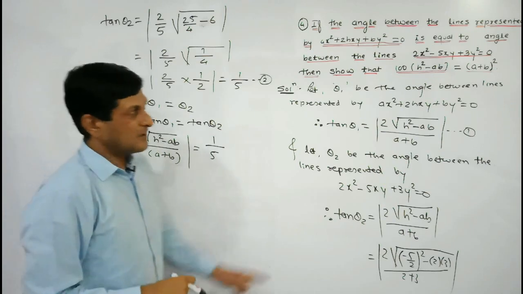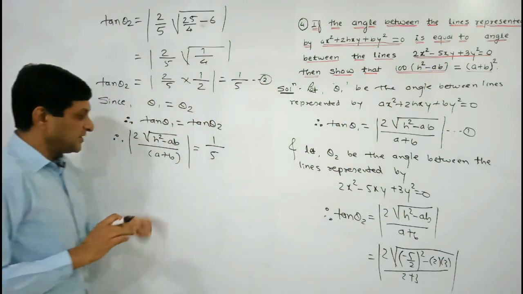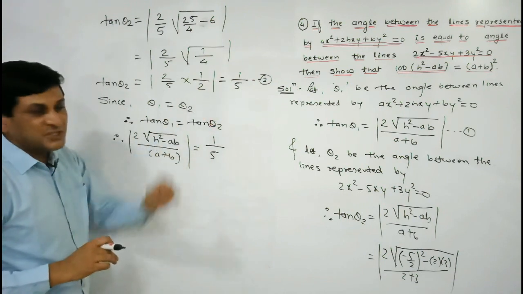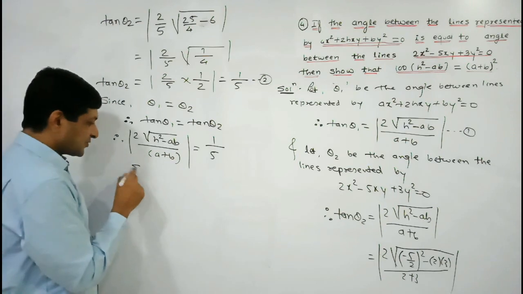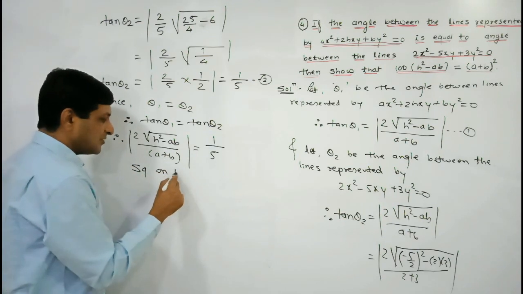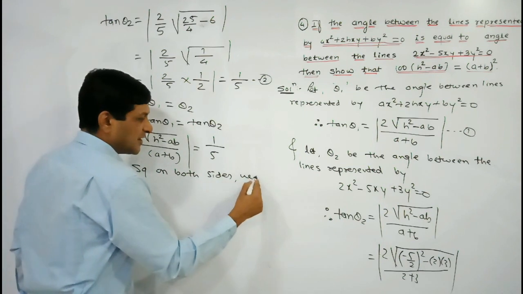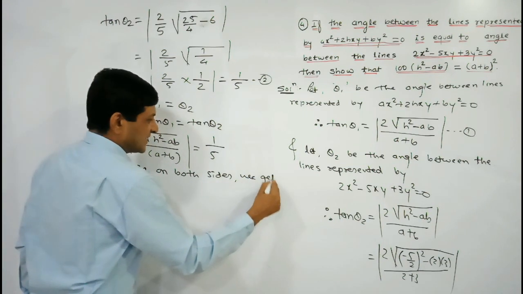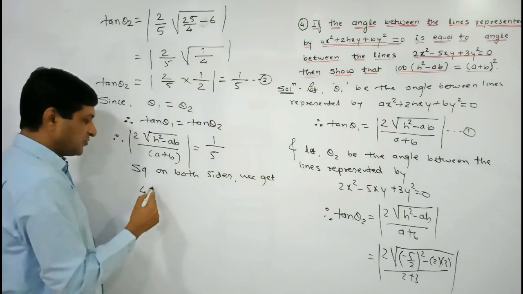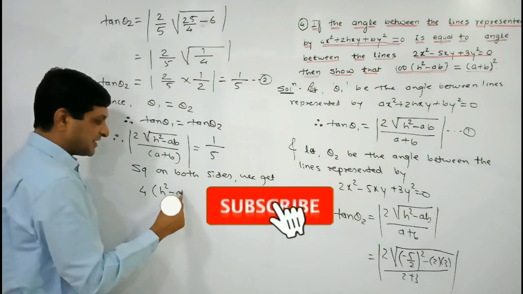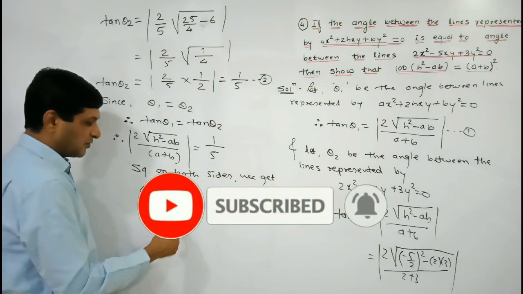If you observe our required result, h square minus ab is not in the root, which means we have to eliminate the root to get this type of result, and to eliminate the root we square both sides. Let us see what we get. On this side the square of 2 is 4, and squaring the root term eliminates the root, giving h square minus ab, and in the denominator a plus b whole bracket square.